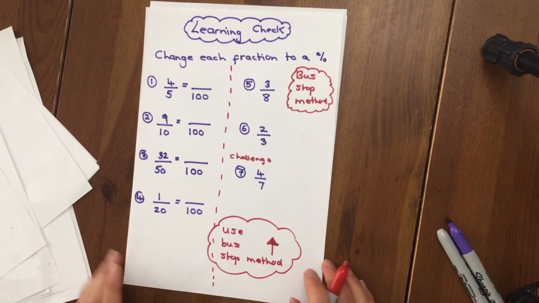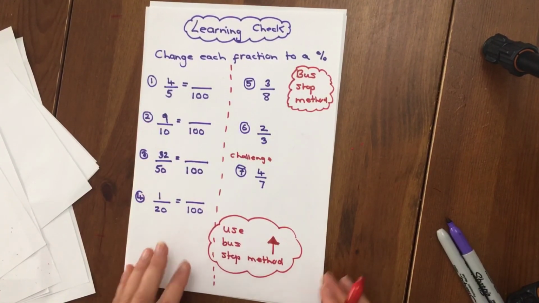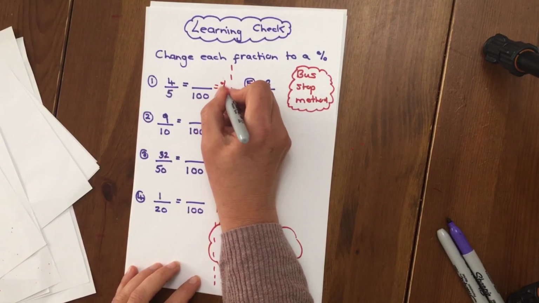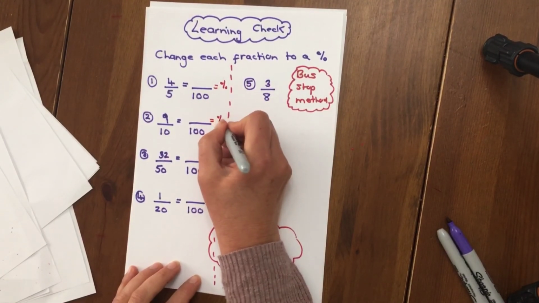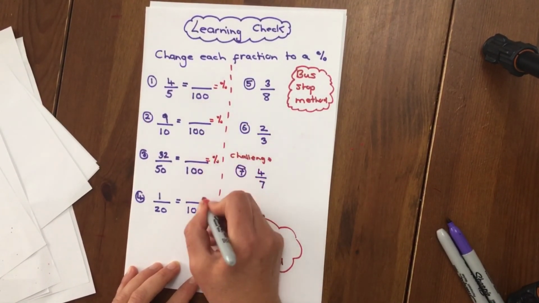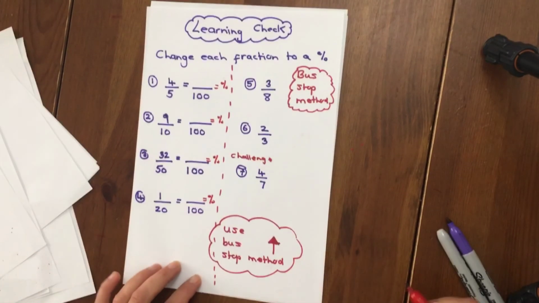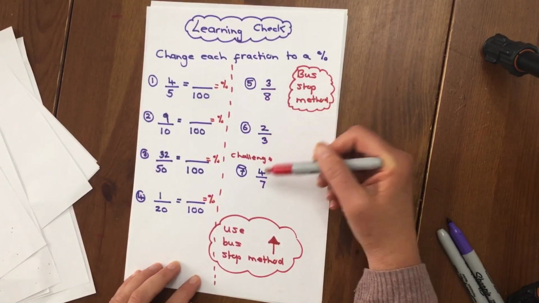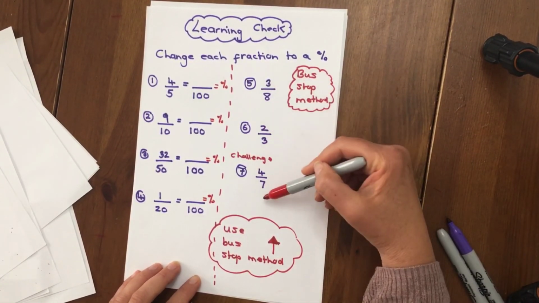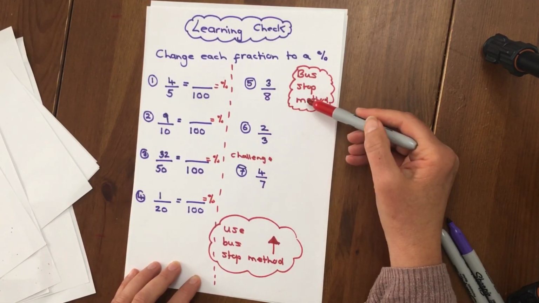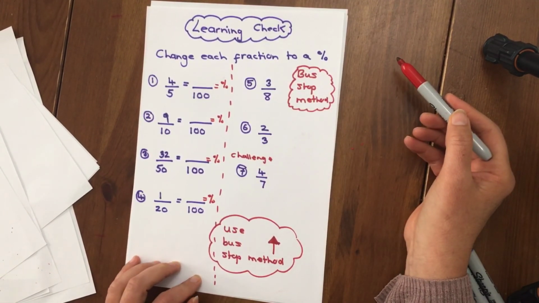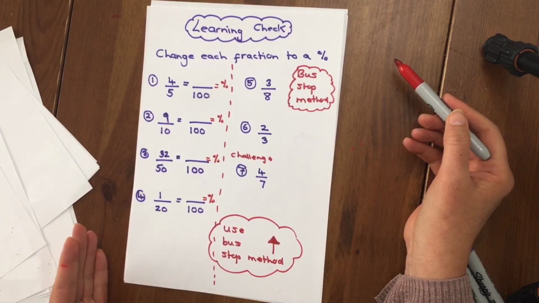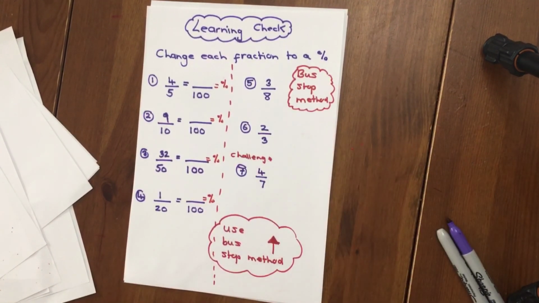So you'll be able to do that one by just changing it to 100 and then changing each of these into a percentage. Please send me your method in when you do this. 5, 6 and 7 are all using the bus stop method, so change it to a decimal first, then multiply by 100 to change it to a percentage. And I've left you with this challenge at the end.